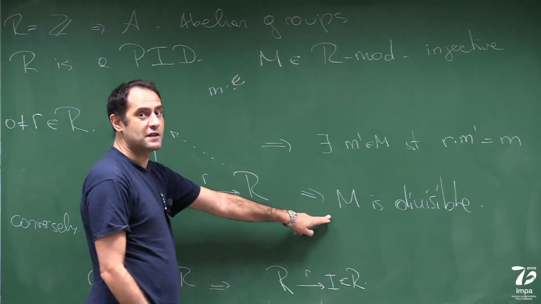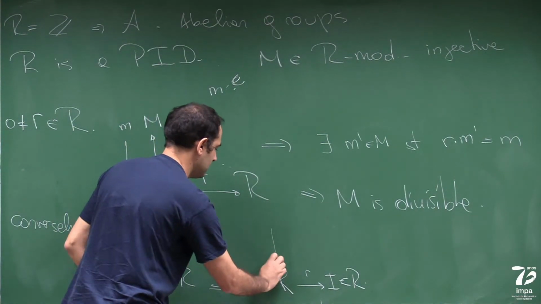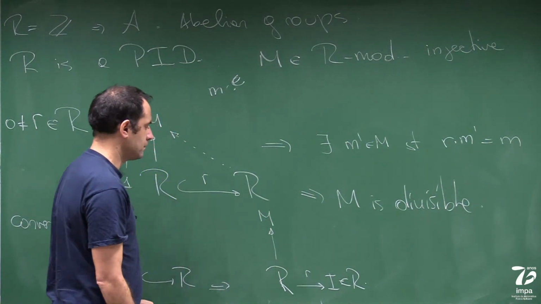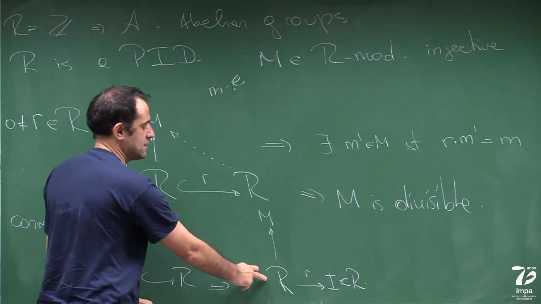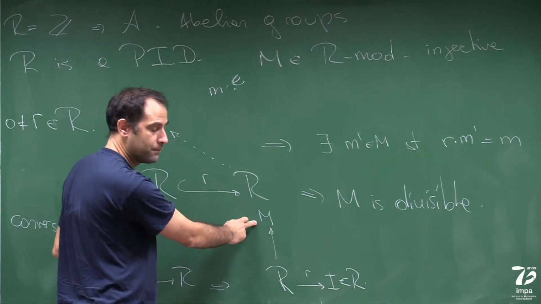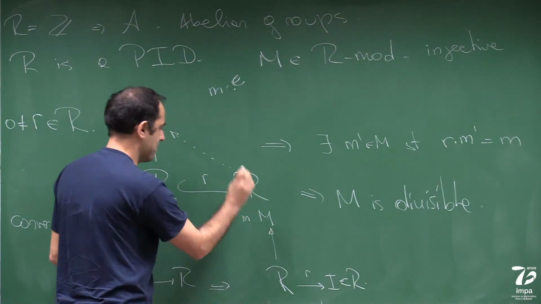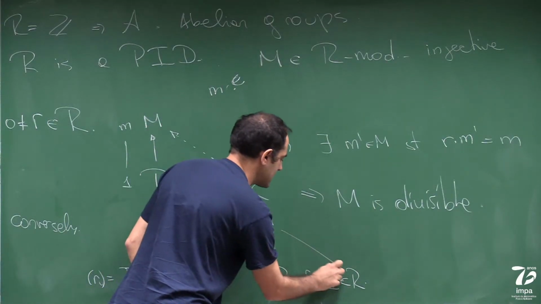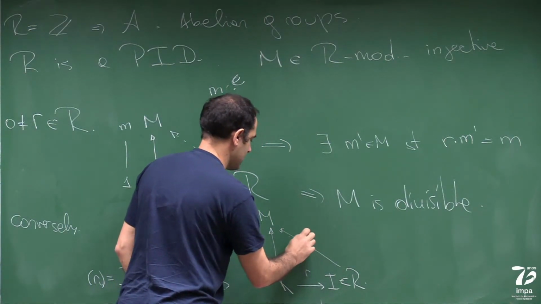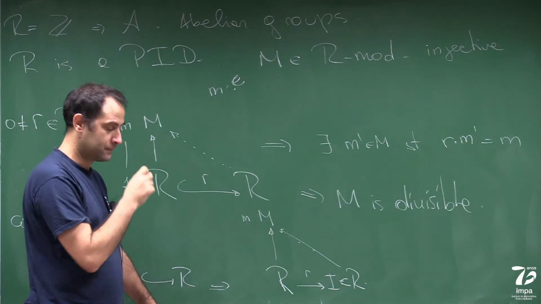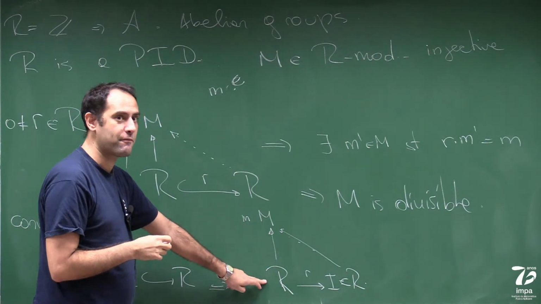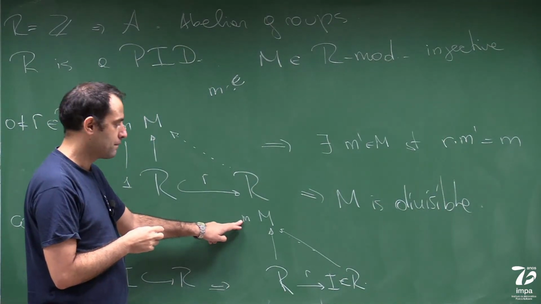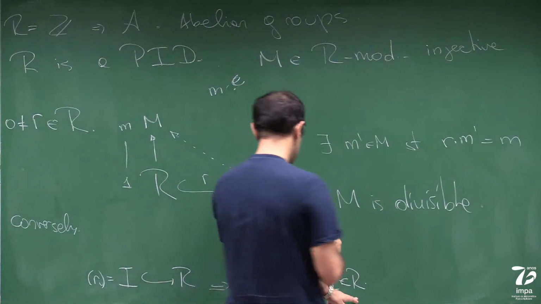Now let's suppose that M is divisible. And you can always cook up this R-module map that sends 1 to m. Now if M is divisible, then this lift exists, just by definition of being divisible. So this means that we can lift any map from the ideal to M. We look at what is the image of 1, that gives us an element in M. We look at what this multiplication by r is.